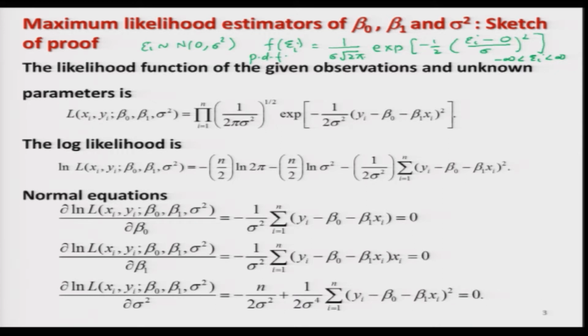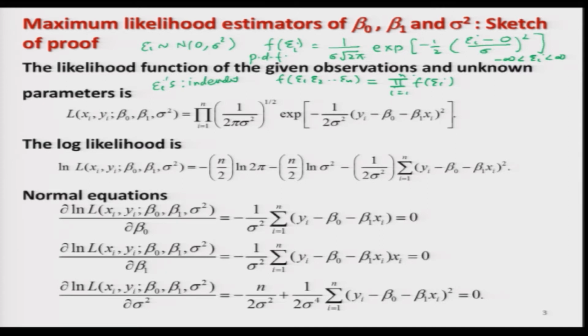Now, you are assuming that the epsilon_i's are independent. So, when they are independent, the joint density function of epsilon 1, epsilon 2, ..., epsilon n can be written as the product of the individual probability density functions, i goes from 1 to n.